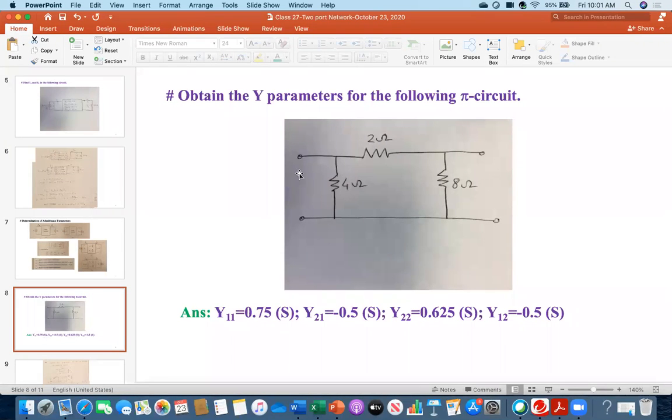So on the left side you have the source when you are making the right side short. This means I1 is your total current. That total current, something is going through 4 ohm and the remaining is going through 2 ohm, and then all the way through the shorted path. Therefore, ultimately, your I2 is what is going through 2 ohm, just in the opposite direction. So you just need to give a minus sign.